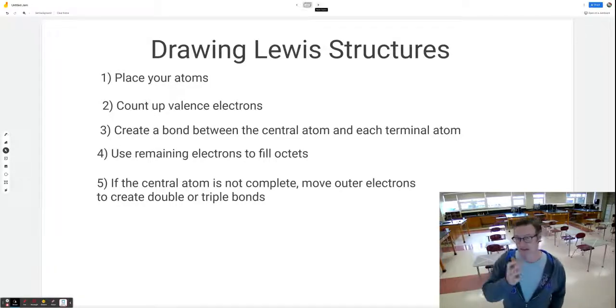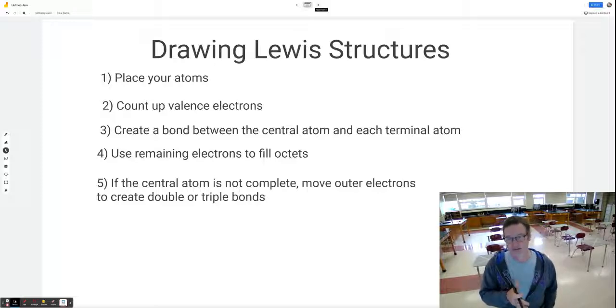Count up the valence electrons of each atom in the molecule, add them together. Then start by placing a bond between the central atom and however many terminal atoms there are. Keep in mind that it takes 2 electrons per bond. Use any remaining electrons to fill the octets starting around the outside.